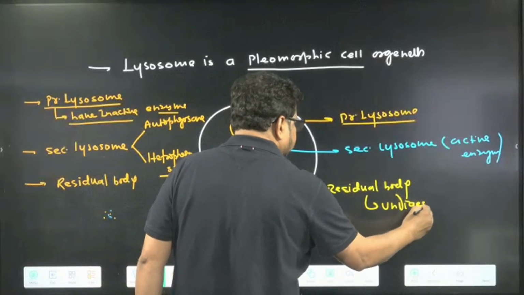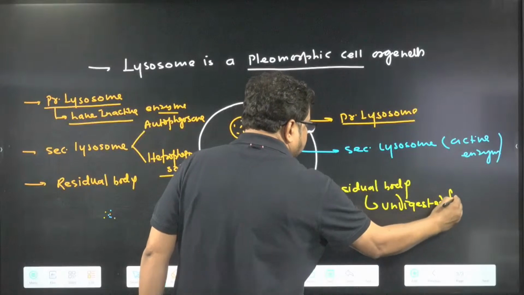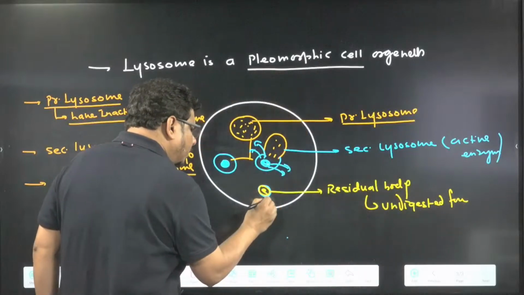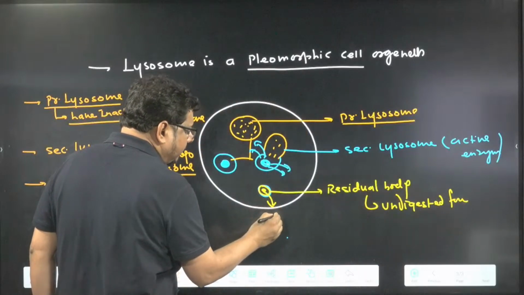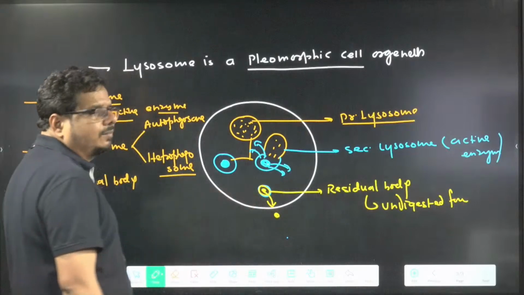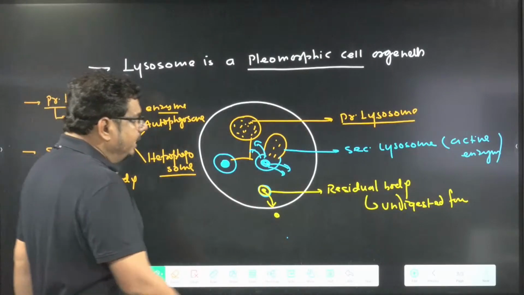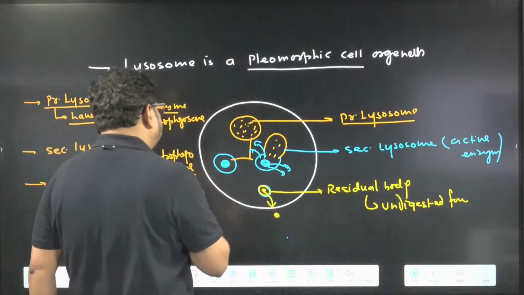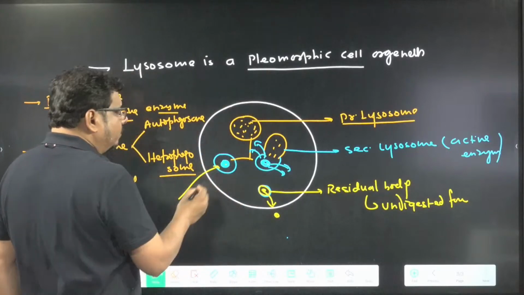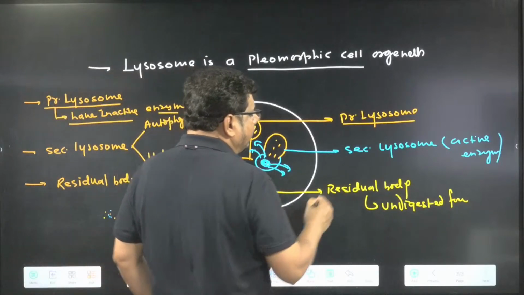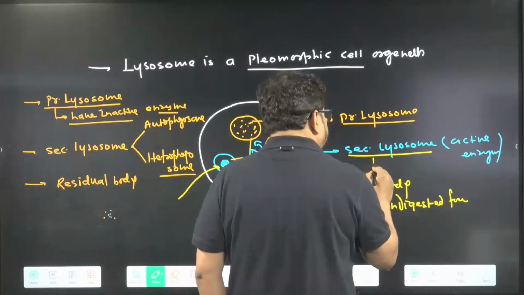Undigested food. Now this residual body comes in contact with the plasma membrane and removes the undigested food. So when outside material, food, is digested by lysosome in the secondary lysosome, it forms a heterophagosome.